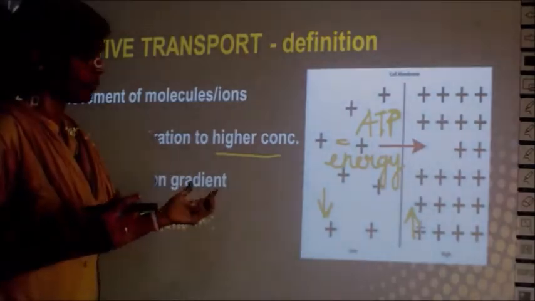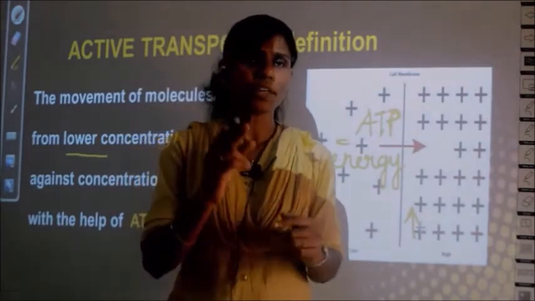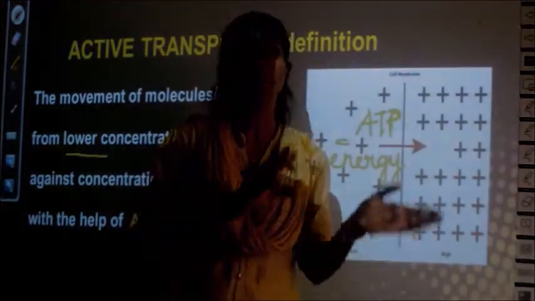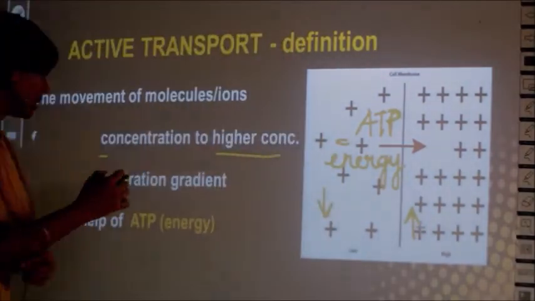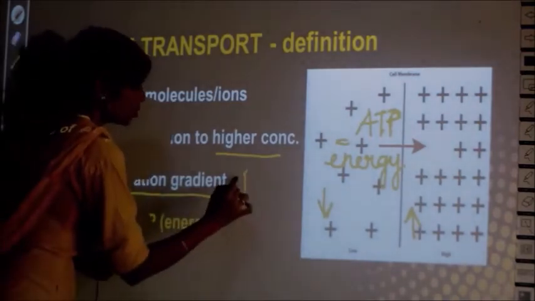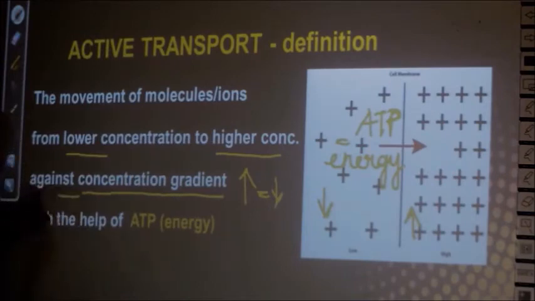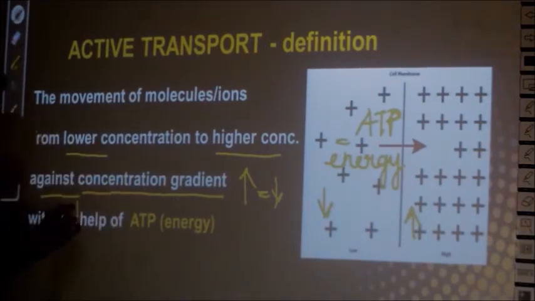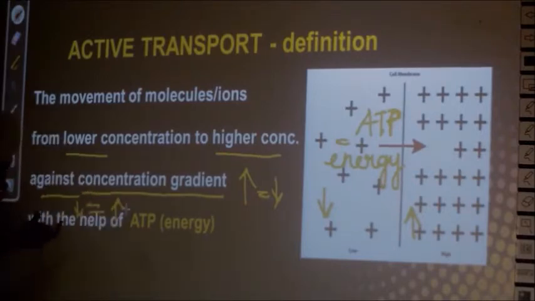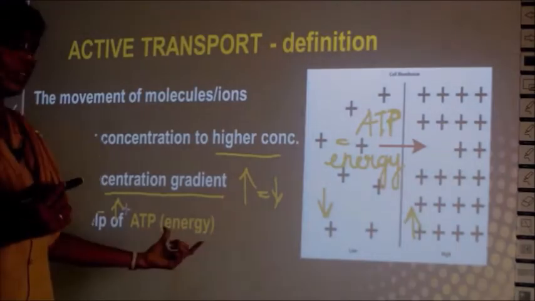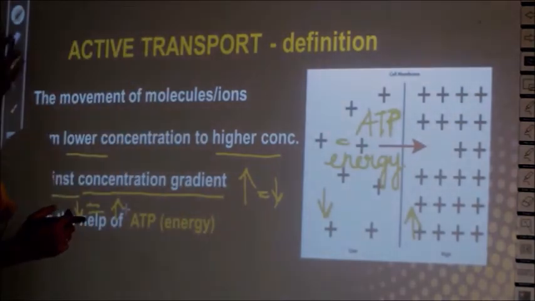Against concentration gradient means, always the rule is the concentration gradient is from high to low, okay. If I say the word against concentration gradient, it is the opposite, that is it is from low to high. So what did I tell you? Concentration gradient means high to low. But if it is against concentration gradient, it means low to high, with the help of ATP or the energy. So clear about the definition? So let's quickly see an example for this active transport.